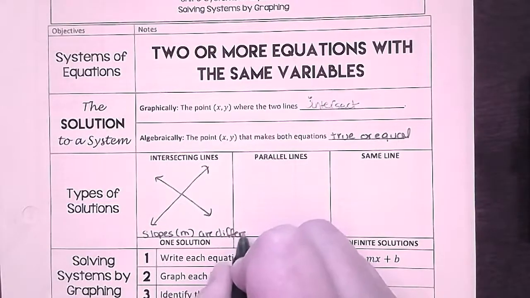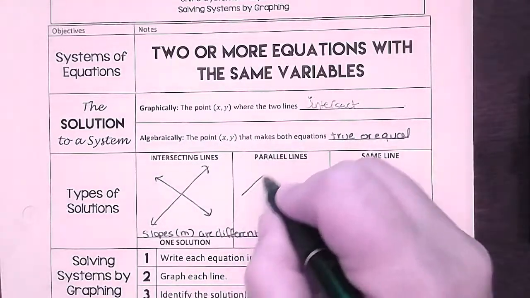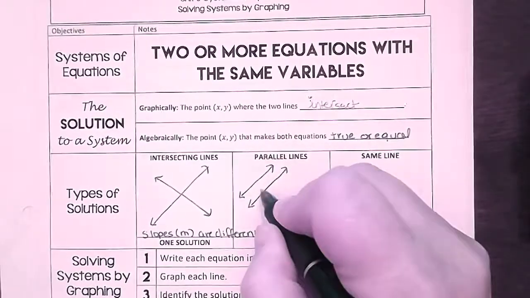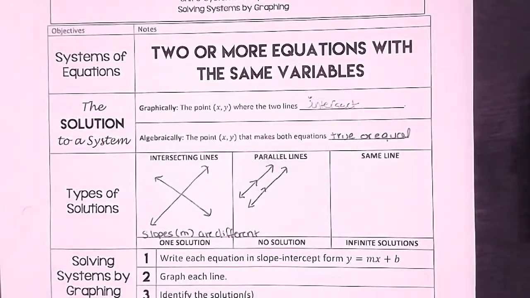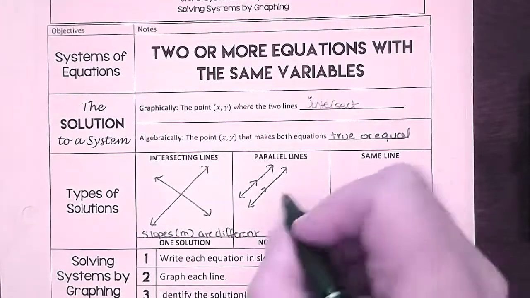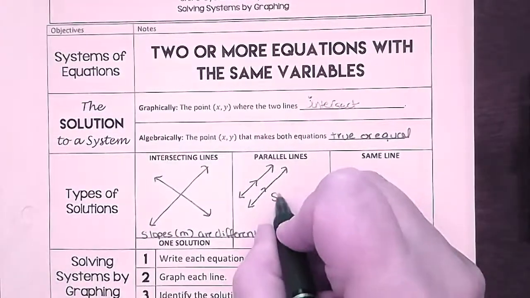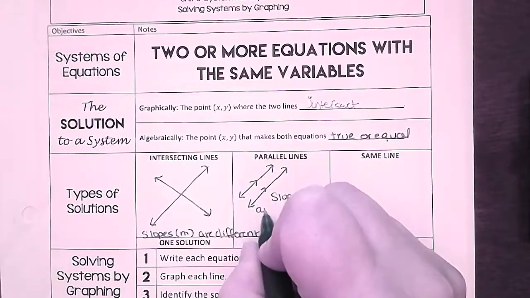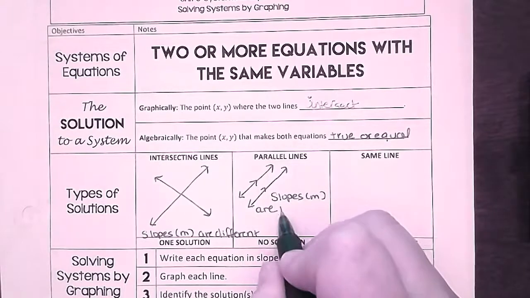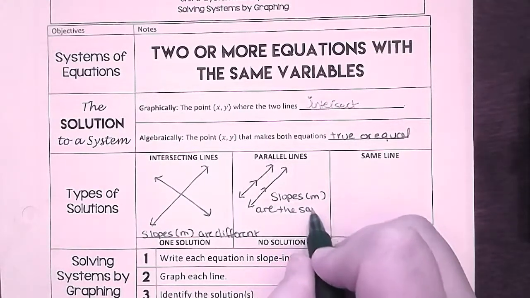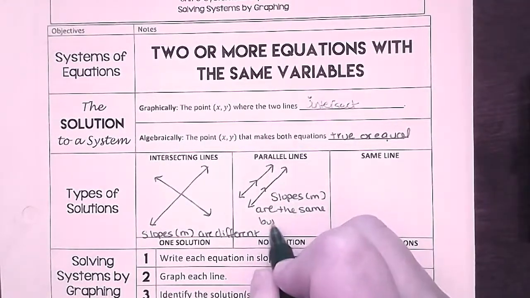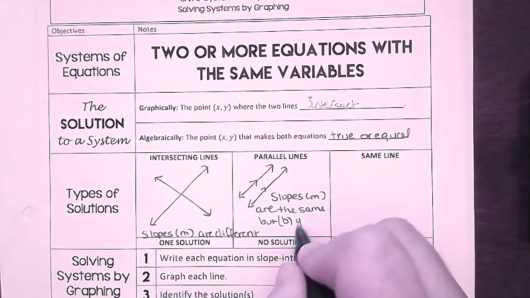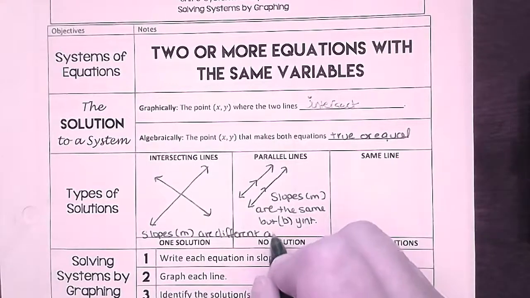Now, parallel lines are lines that never intersect. If you remember from our past unit, if we have two lines that are parallel, the slopes are the same, but the y-intercepts are different.